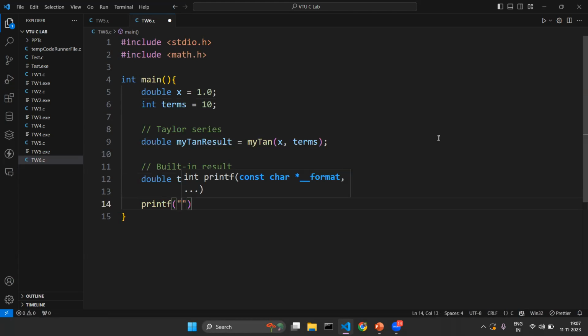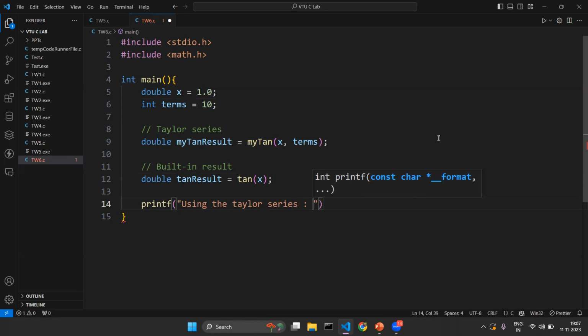Let's first print the result. Once we get done with the main function, we will go back to the program using the Taylor series. We are just printing the results, like what we have got from the Taylor series. It is percentage f.